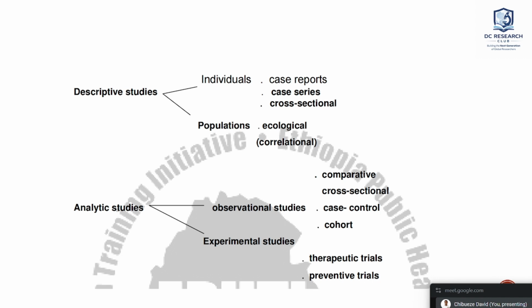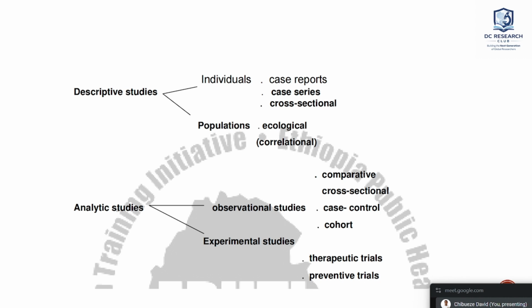So you can see how these different study designs give you a plan of what methods and procedures your research work should follow. And of course, we have experimental studies, which include therapeutic trials, that is the use of drugs, or preventive trials, that is the use of preventive measures.